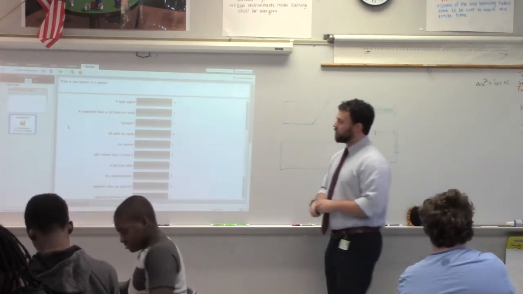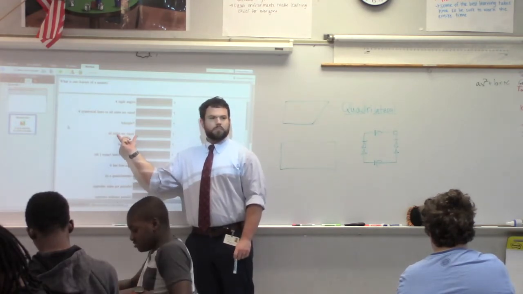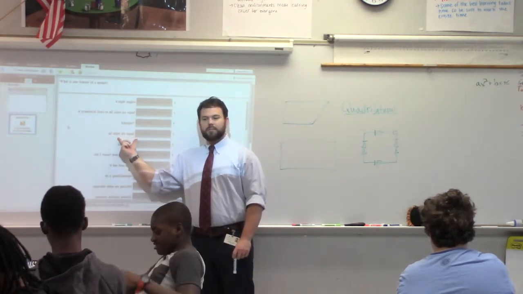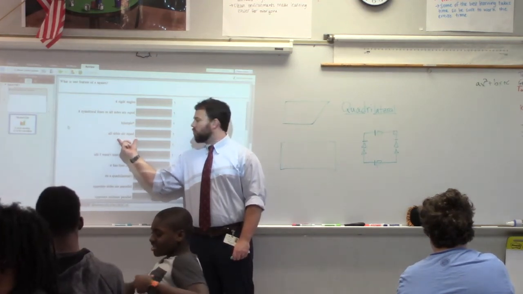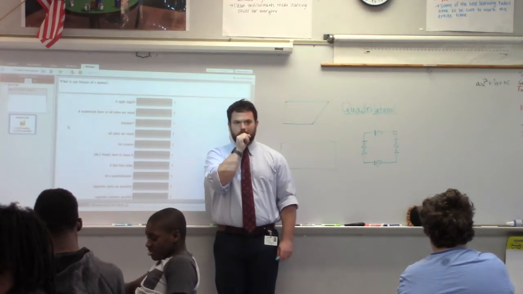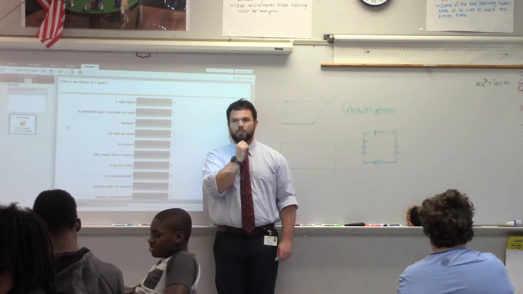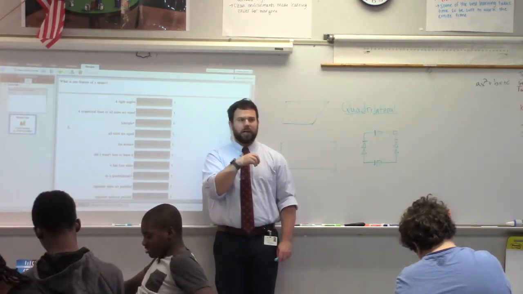Right here, all sides are equal. That's not quite mathematically accurate. We need to work on this. Does anyone know how we can improve this to make it more mathematically accurate? All what about the sides are equal? All lengths, right? We need to be careful about that, right?